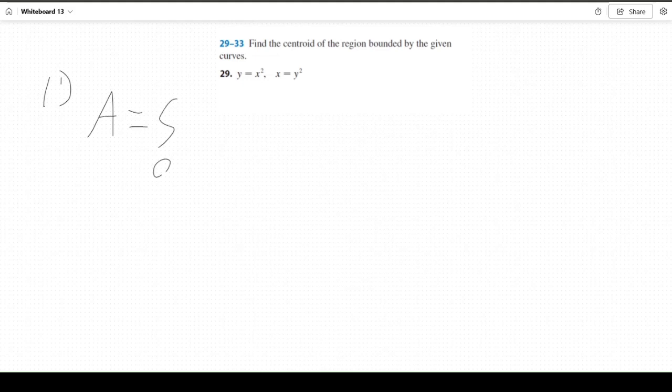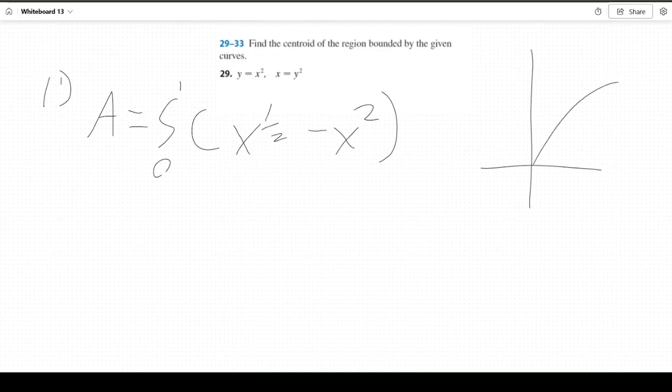So this would be 0 to 1, and we can plug in our f(x) and g(x). So our f(x) would be x^(1/2) minus x squared, because if you're graphing this, the square root would be on top. So let me put this right here, and this would be on bottom.